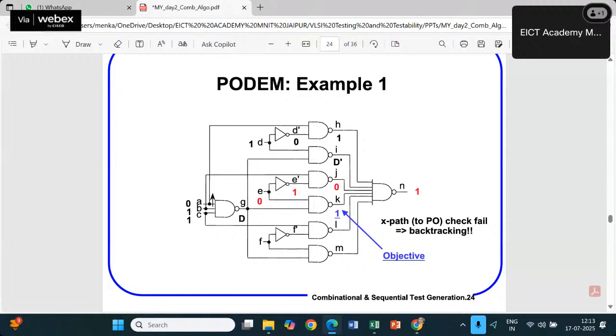So what was the problem in that? The problem in that was that we were having the X check fail over here. Our target was K is equal to 1. X path to P was failed, so we did the backtracing. So this is the objective. What was the objective? We tried to pass this. I hope this fault activation is okay with all of you.